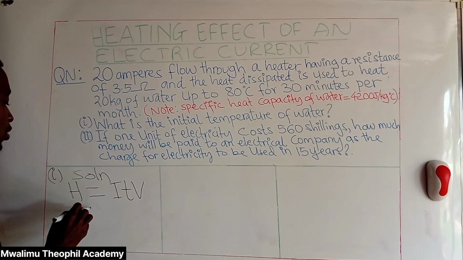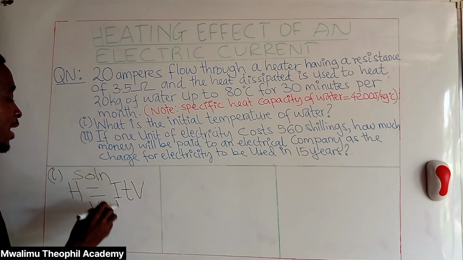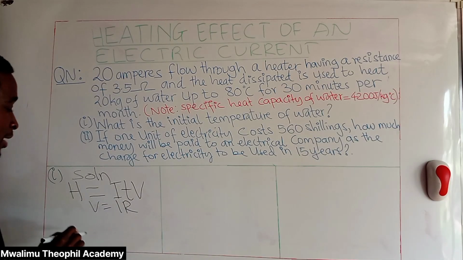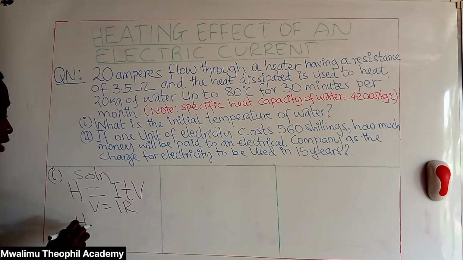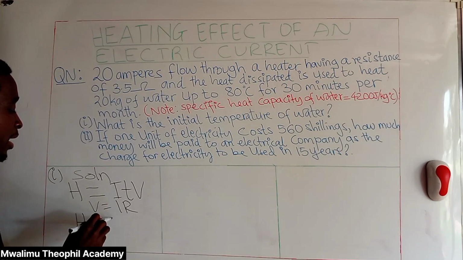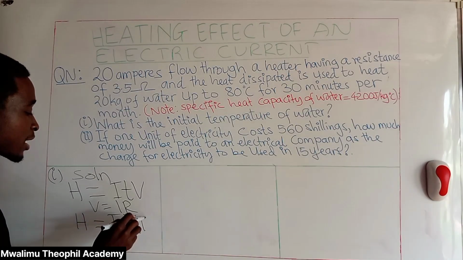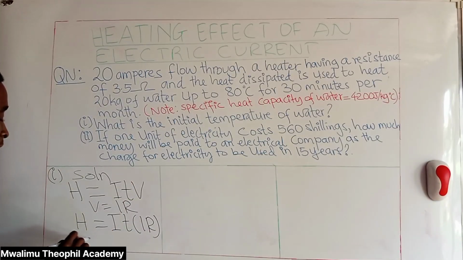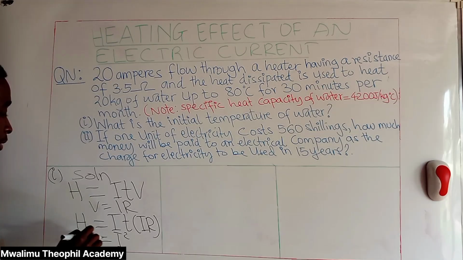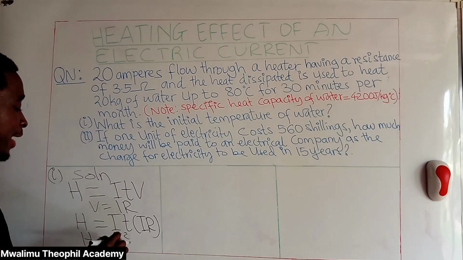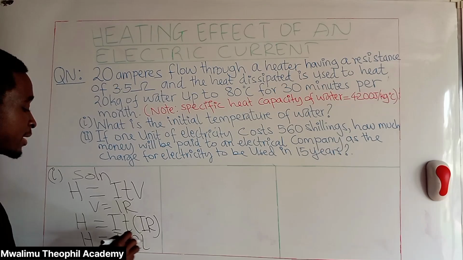As you know from Ohm's law, voltage is equal to current times resistance. Now, heat dissipated will be equal to the current times the time times the voltage, which is current times resistance. So heat dissipated becomes I squared times resistance times time.